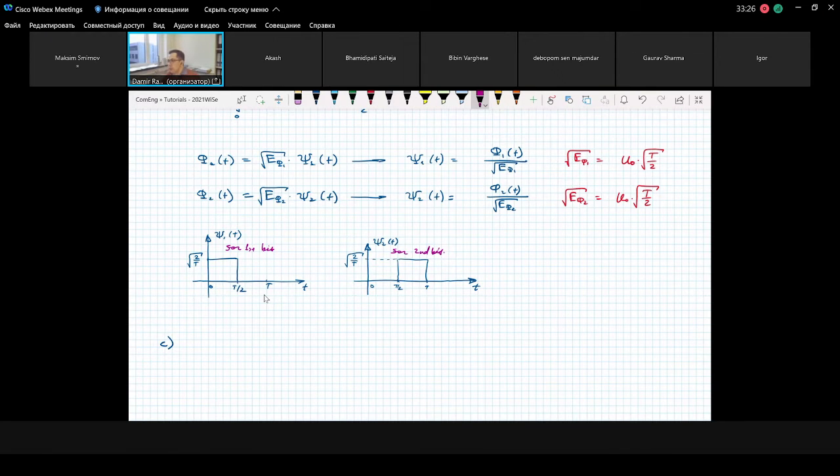But we can see that these two intervals are equal. The length of each interval is capital T over 2. And during this interval, capital T over 2, we transmit only one bit.